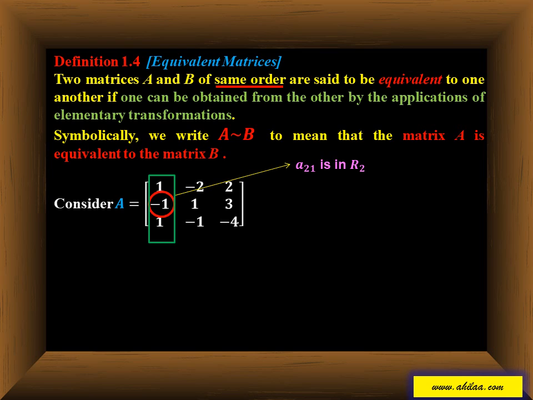So for that, I will compare with the other elements in the same column. I can use any element to make this particular element 0. So here I am considering A11 which is 1 and A21 which is minus 1. My aim is to make this minus 1 as 0.